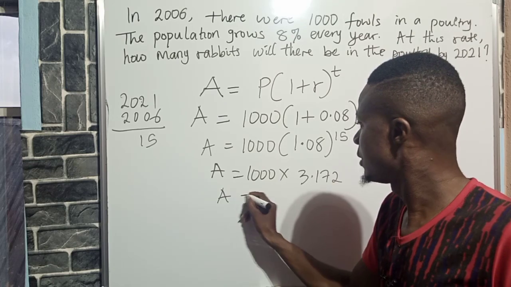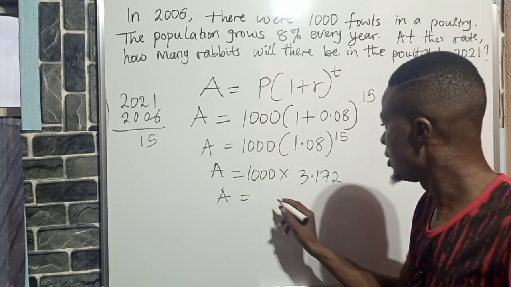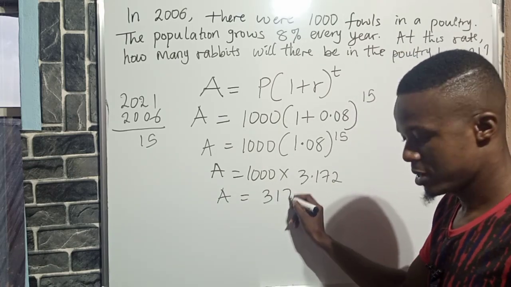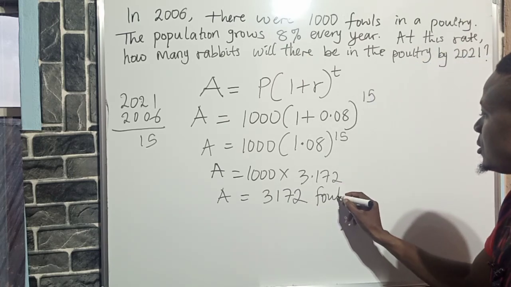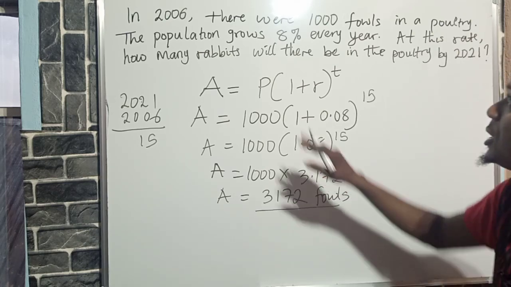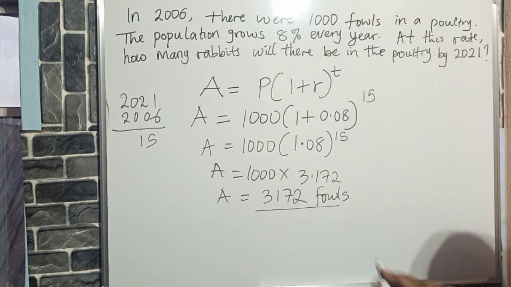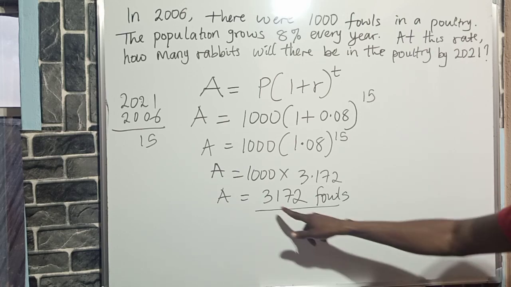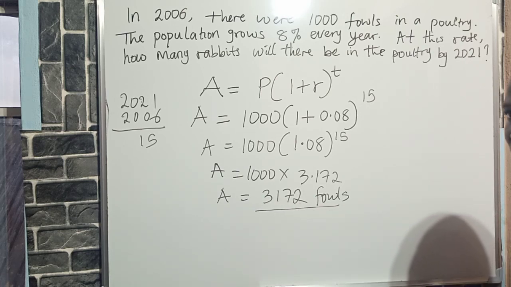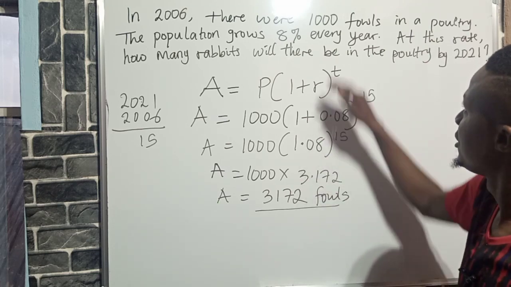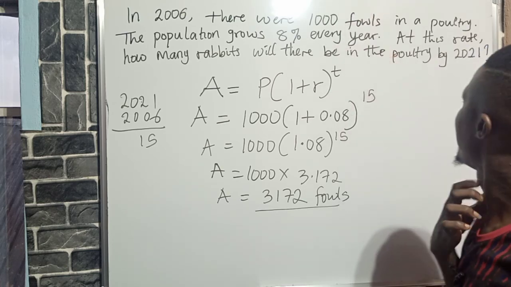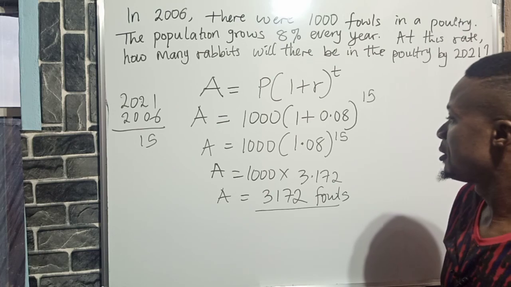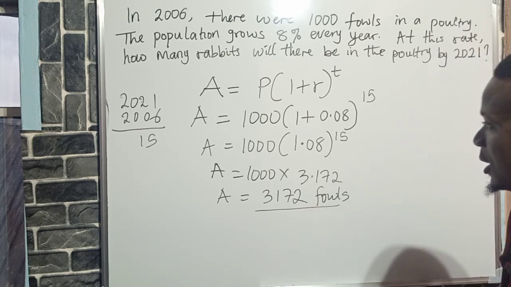Then when I multiply this value by 1,000, it gives roughly 3,172 fowls. So you can see that by 2021, the number of fowls in that poultry will be roughly 3,172. The increase is more than the original value because initially it was 1,000. So in 15 years to come, the number of fowls will be 3,172.